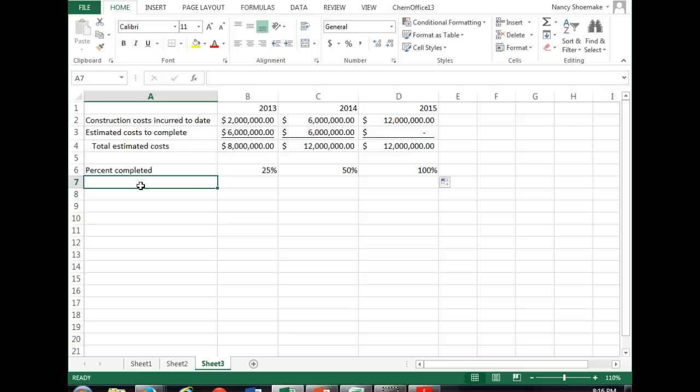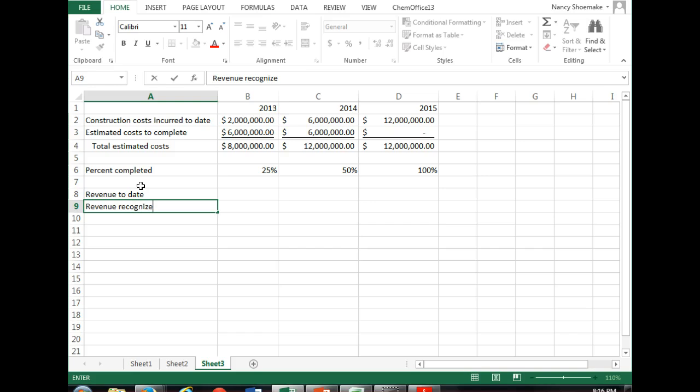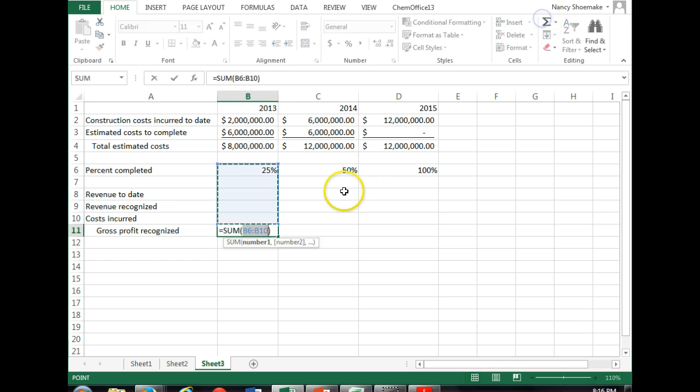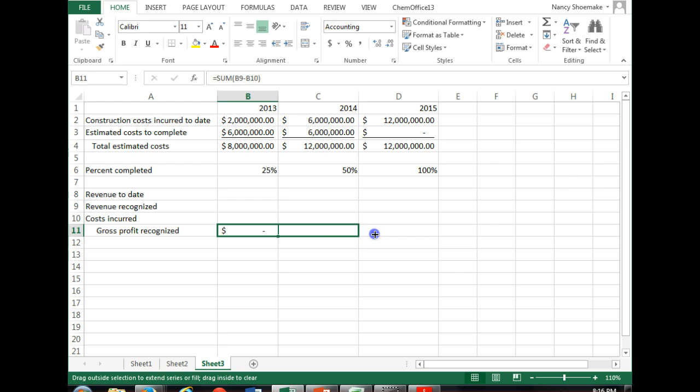So in the revenue to date, how much revenue to date do we have in 2013? 2,500,000.